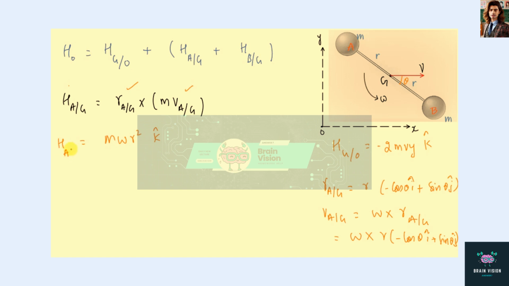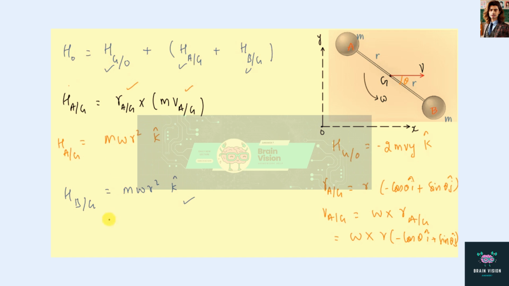Similarly, we can calculate the angular momentum of B with respect to point G, H_B of G, and this comes out to be m omega r square k cap. Since the system is symmetric, we can put the value directly, the same as before. Now we have obtained these values, and we can plug them in to calculate H_O.